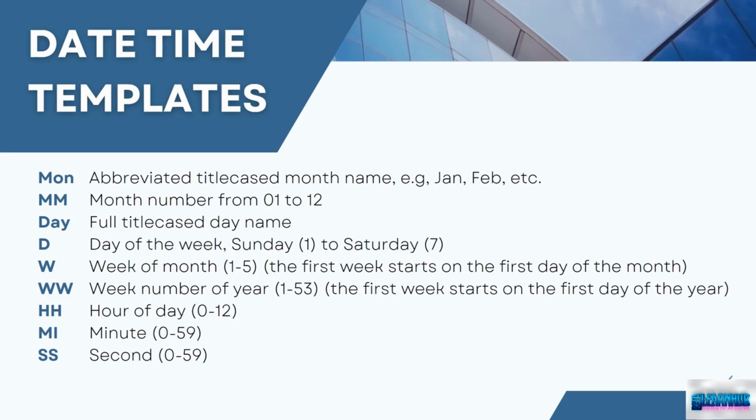D, day of the week, Sunday 1 to Saturday 7. W, week of month, 1 through 5. The first week starts on the first day of the month. WW, week number of the year, 1 through 53. The first week starts on the first day of the year. HH, hour of day, 0 through 12. MI, minute, 0 through 59.